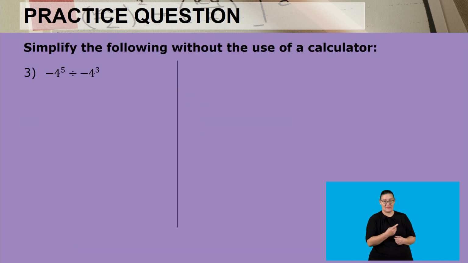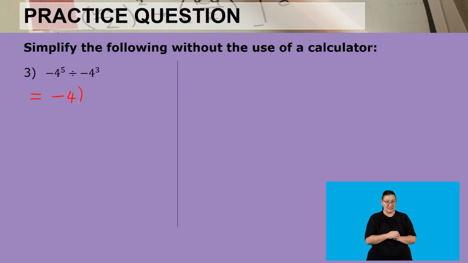Number 3: we have negative 4 exponent 5 divided by negative 4 exponent 3. Because we are dividing powers that have the same base, we are going to subtract these exponents. They have the same base of negative 4, so we say 5 minus 3, which gives us negative 4 as our base and 2 as our exponent.